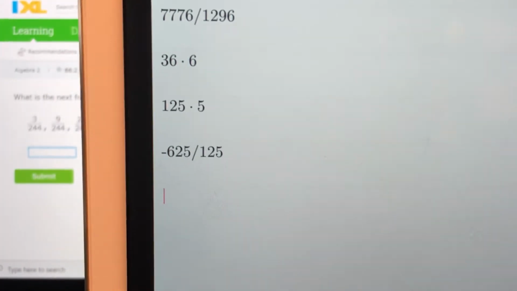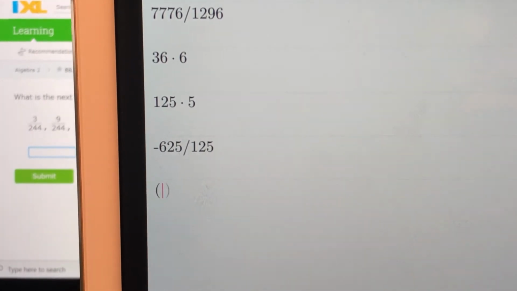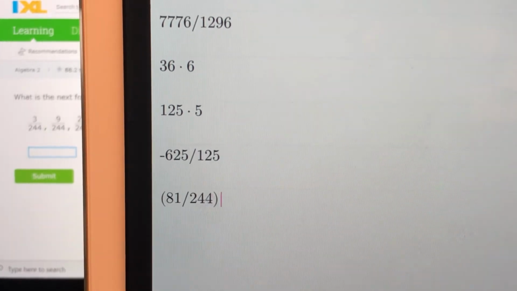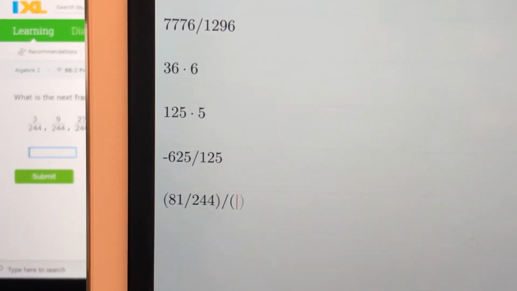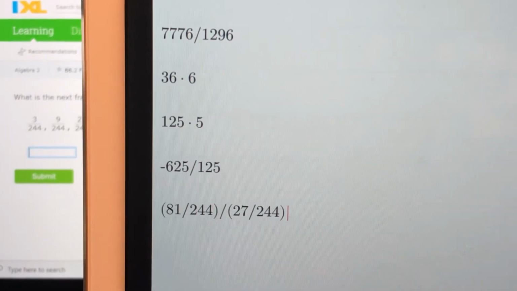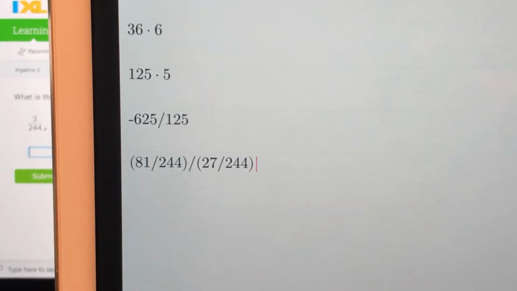All right, it's a little more complicated. I'm going to put parentheses around this so that I can divide the fractions. 81 divided by 244 divided by, and I'm going to put another parenthesis so it treats it as a fraction, 27 divided by 244. And I want to get this as a fraction, okay?